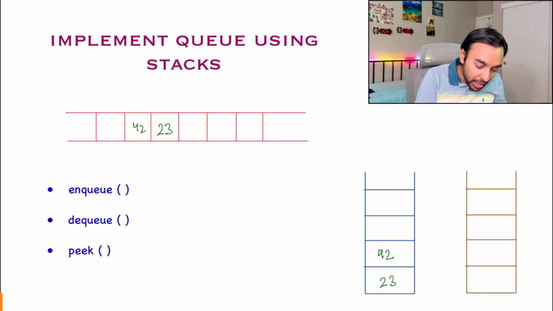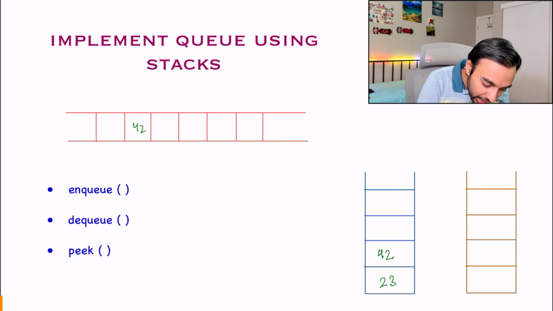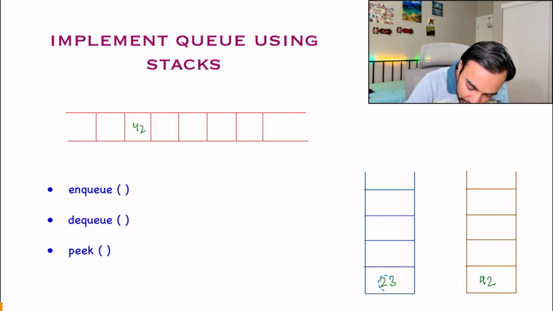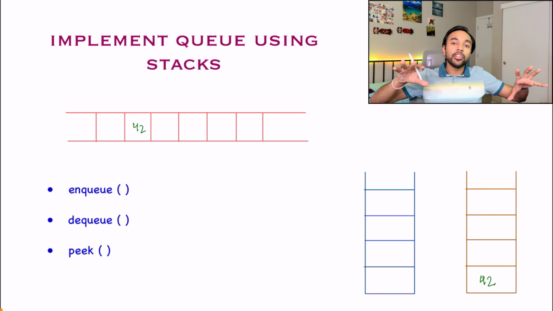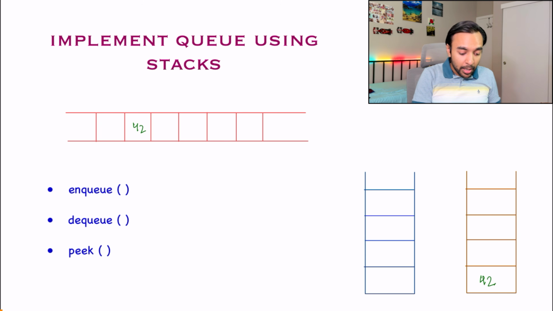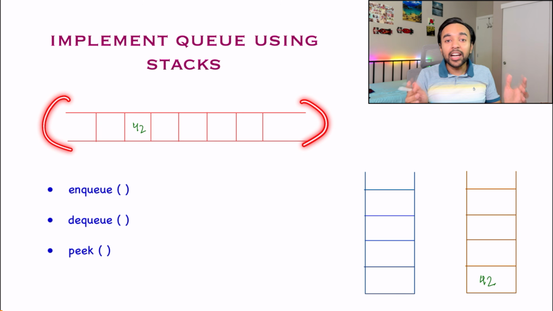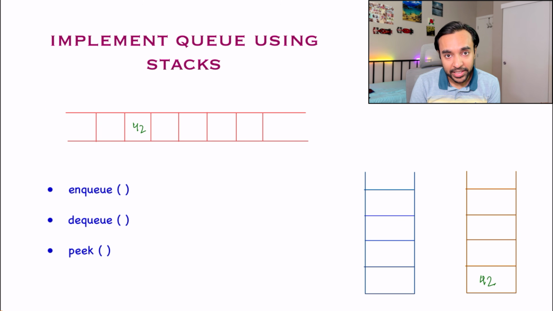Now if someone calls a DQ, this time 23 will get out, but your helper stack is now empty. So first of all, you will need to pop all of your elements from the current stack to the helper stack, and then you pop out an element, and 23 will get out. You will have maintained the same kind of feature using 2 stacks that you didn't even have in the first place.